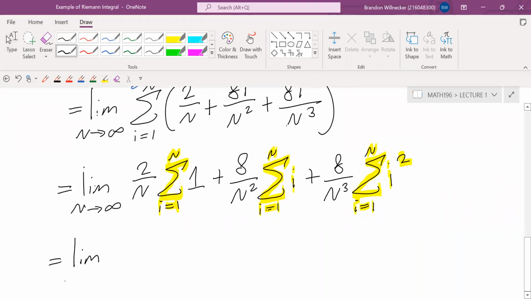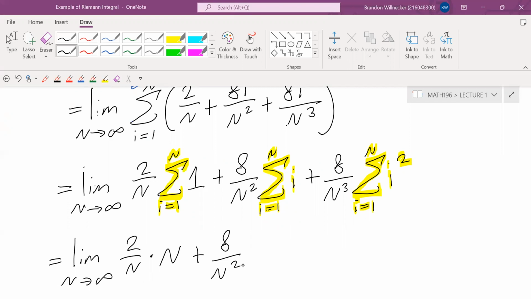So we have the limit as n goes to infinity, 2 over n times the sum from 1 to n of 1, which is just 1 plus 1 plus 1 plus 1 all the way up to n. So that is just going to give us n plus 8 over n squared. The sum from 1 to n of r is 1 plus 2 plus 3 plus 4, dot, dot, dot, all the way up to n.